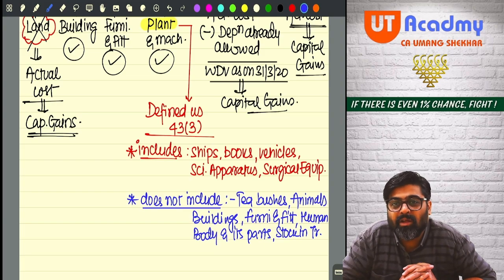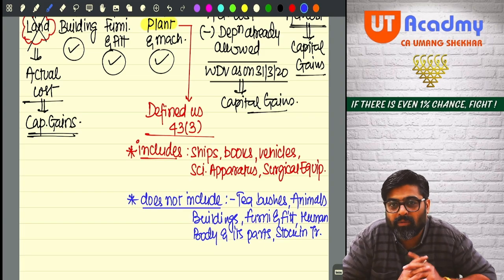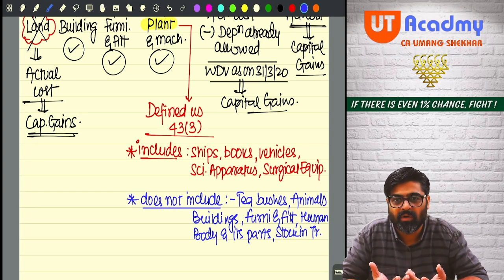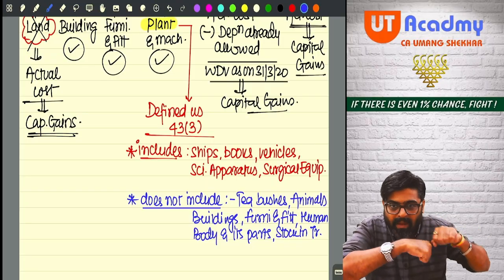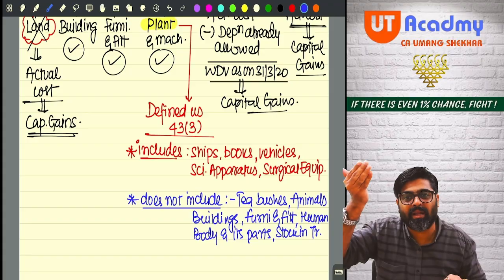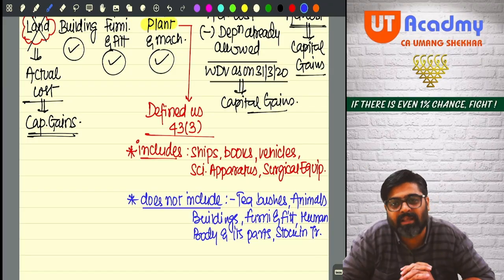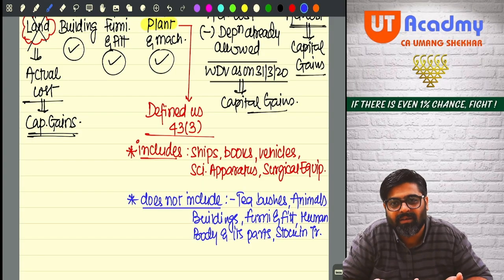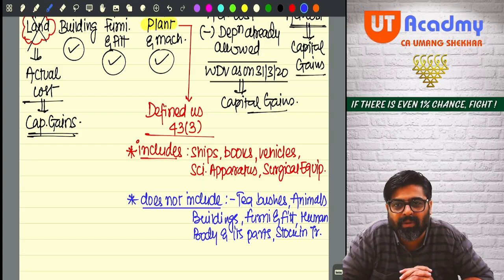Tell me, in the balance sheet I would be making, will I show my mind, my heart as an asset? No. Why? Because it is not acquired by paying money, so it is not capitalized there. Something which is not capitalized in my balance sheet, how can that be treated as an asset? And if it is not an asset, definitely it cannot be treated as a plant either. Getting my point?